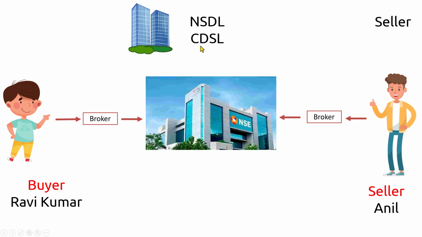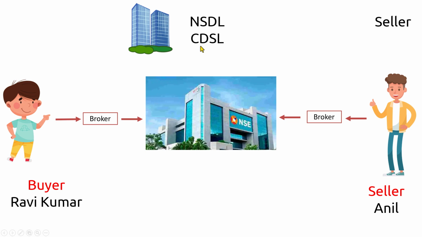So basically the demat account holds the stocks that you own, and the depository is where the records of the stocks are stored in electronic form. Now you may ask, why is this required? This is required for the companies.